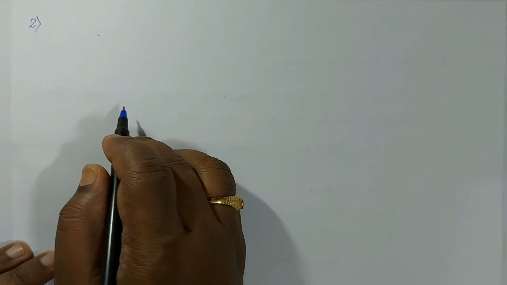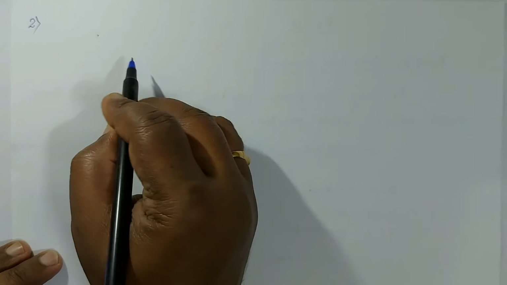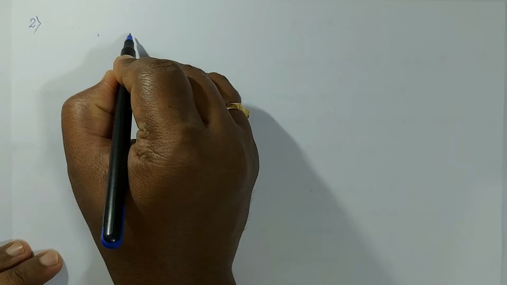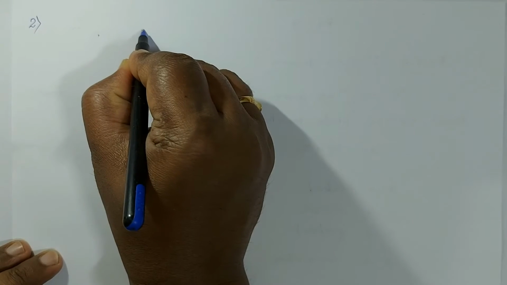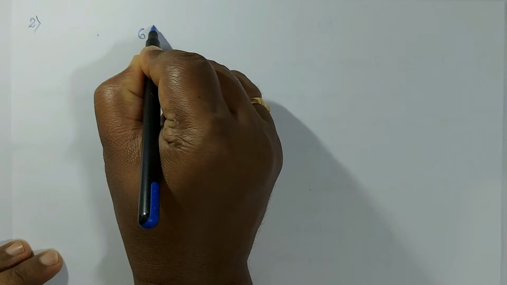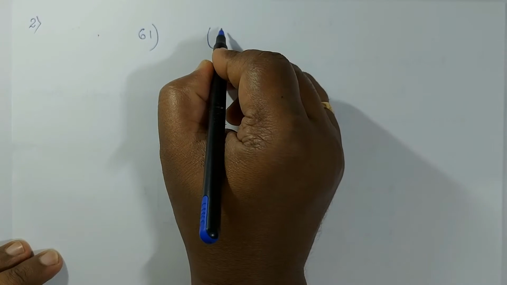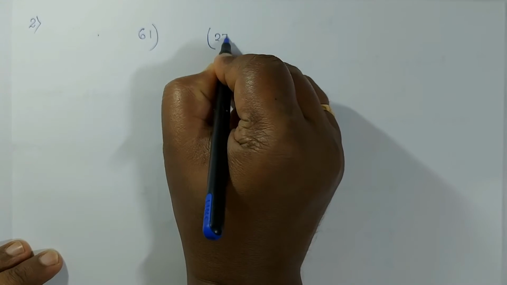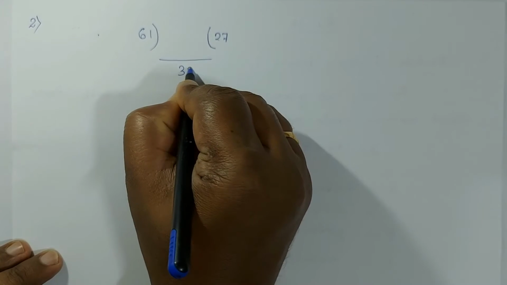Now question number 2. A number when divided by 61 gives 27 as quotient and 32 as remainder. That means the divisor is 61, the quotient is 27 and the remainder given is 32.